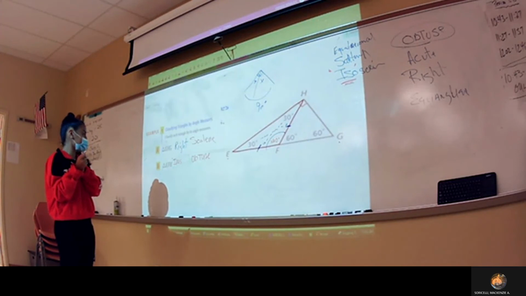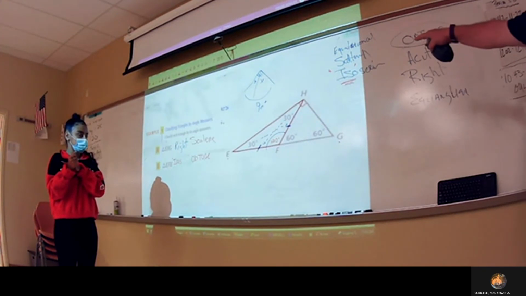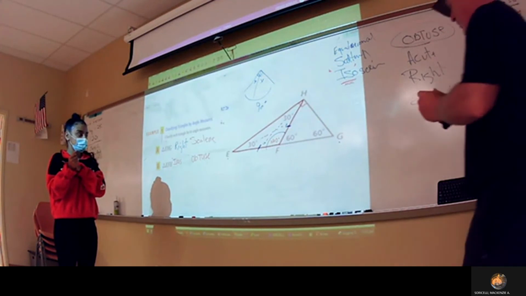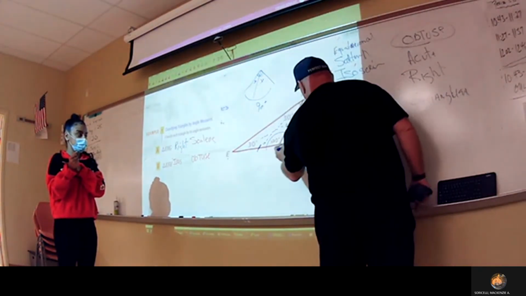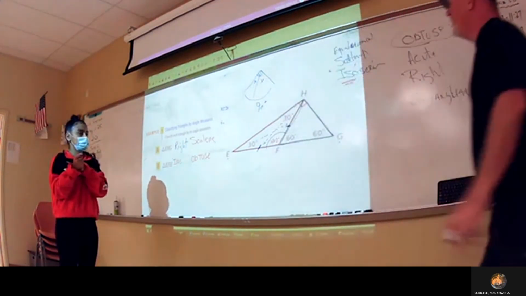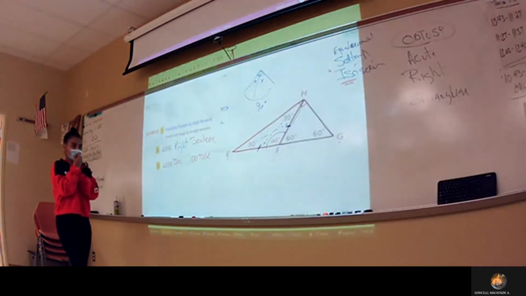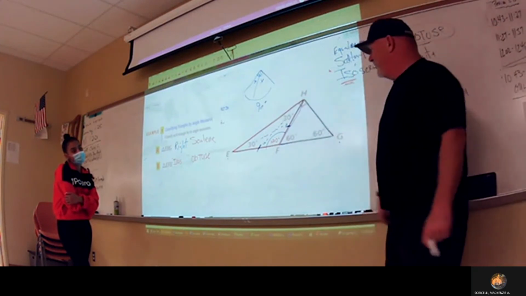Okay. So I got one last question for you. FHG. By a show of hands, who can tell Jordine what kind of triangle that is? Danielle? FHG.